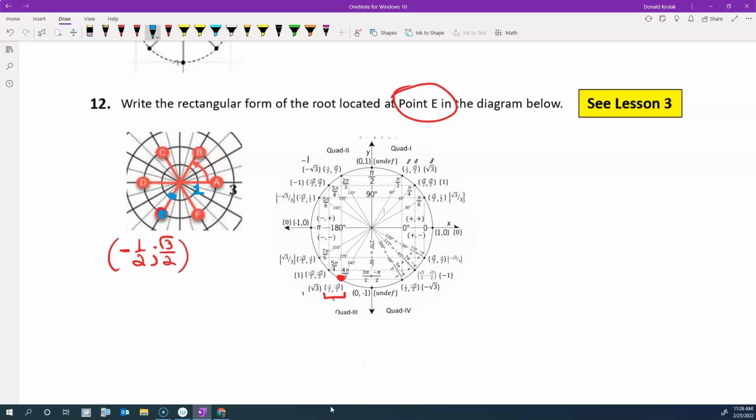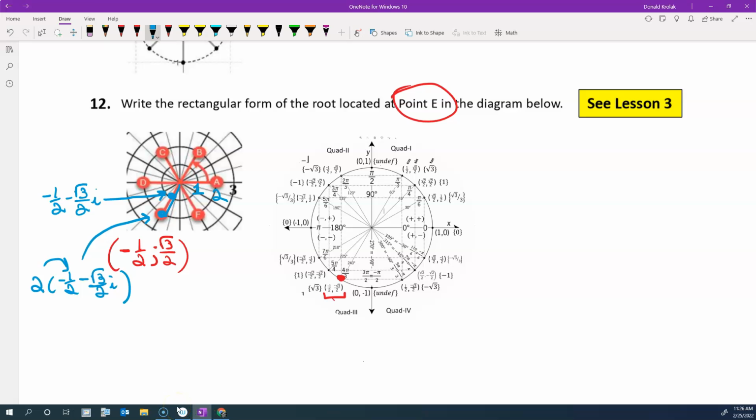Because that's on the unit circle. So to get the point that is at E, I'm going to take this, when I write it out, I'm going to multiply it by 2, because this is on the circle that's 2, not 1. So this point right there is actually negative 1/2 minus root 3 over 2 i, and the one that I want now is going to be 2 times negative 1/2 minus root 3 over 2 i.